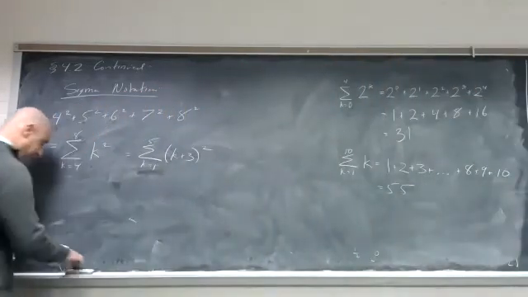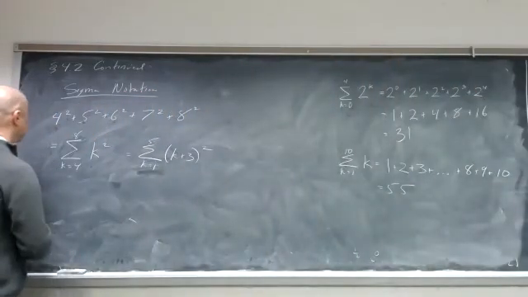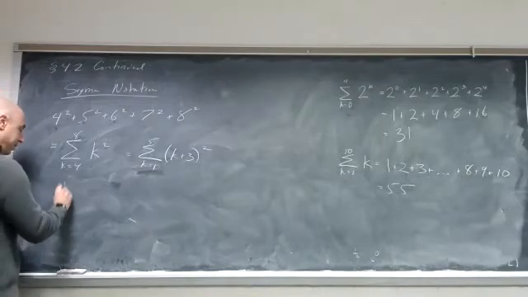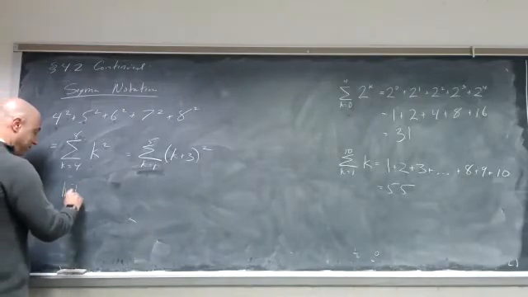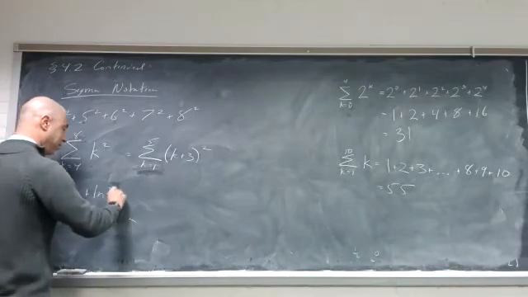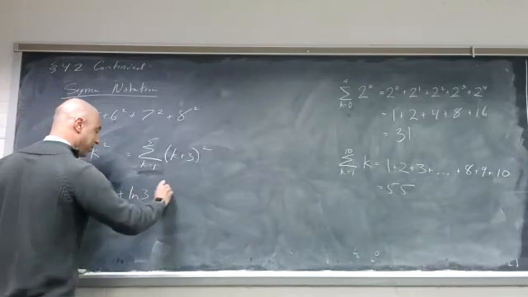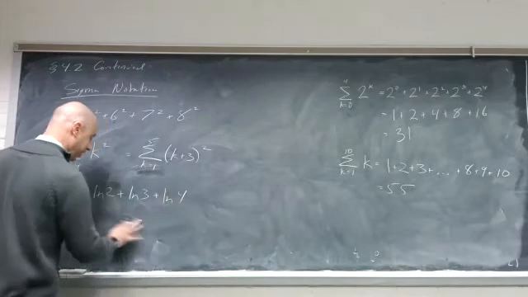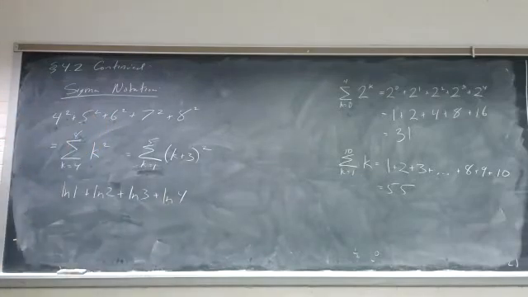So let's do this one. How about natural log of 1 plus natural log of 2 plus natural log of 3 plus natural log of 4. I don't mean to insult your intelligence, but let's just do that one.